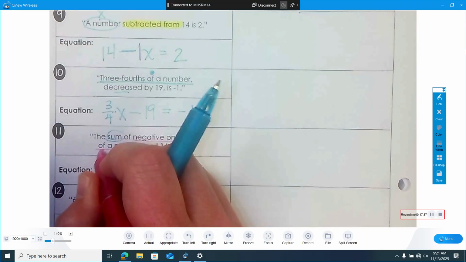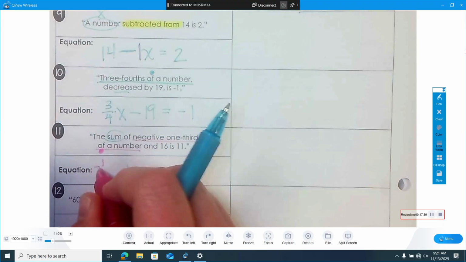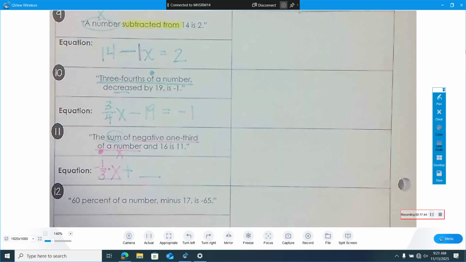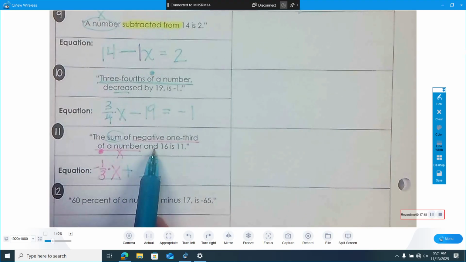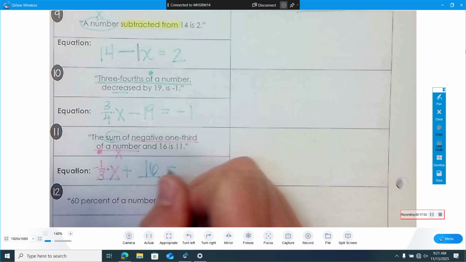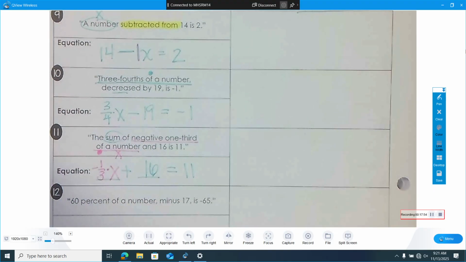Very good. Of means multiply. So we have negative 1/3 times our number x. So this is the sum of the pink stuff and 16. So there's my second part. And then it equals 11. So negative 1/3 x plus 16 equals 11.